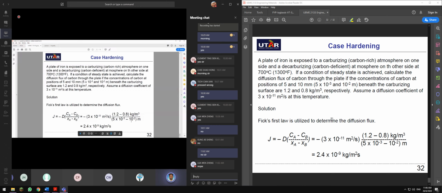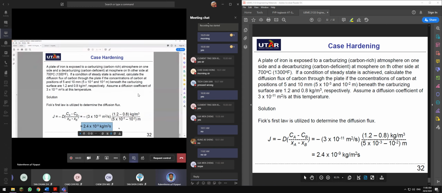Change that into meters, then you have your diffusion flux.